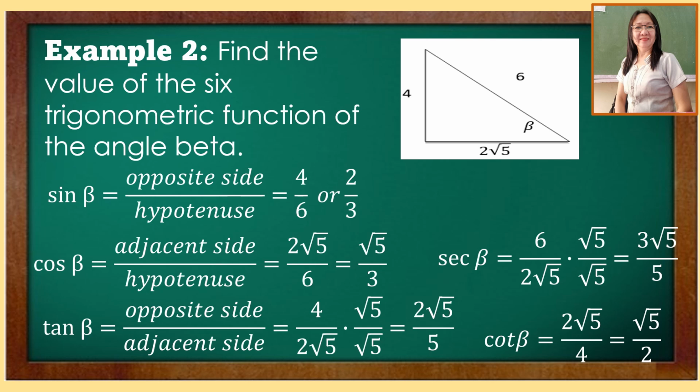So 3 square root of 5 over 5 is the final answer. And the reciprocal of sine beta is cosecant beta, wherein we have the hypotenuse, which is 6, and the opposite is 4. So 6 over 4 is simplified to 3/2.